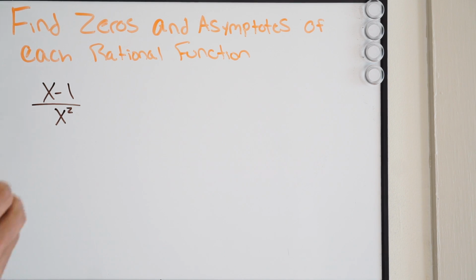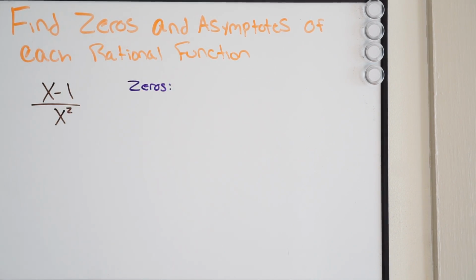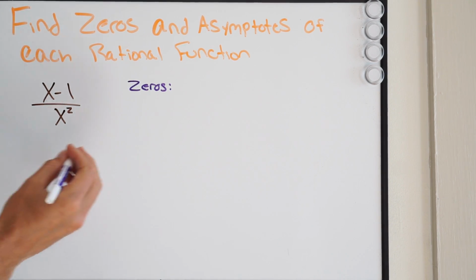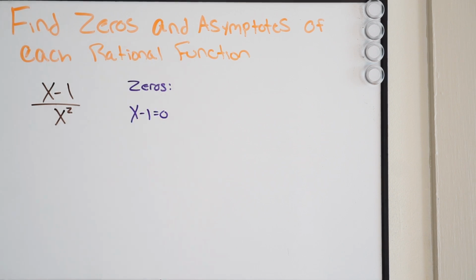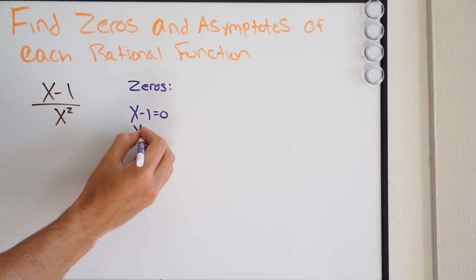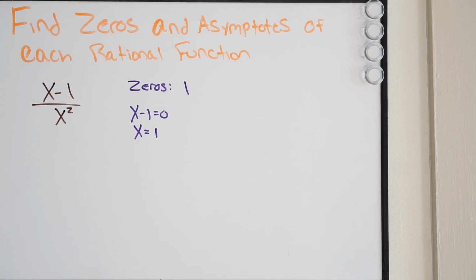For the zeros, we always look to the numerator and set it equal to 0. We have x minus 1 equal to 0, meaning my zero occurs at x equals 1. That's where it's crossing the x-axis. This is a point, so it would be 1 comma 0.